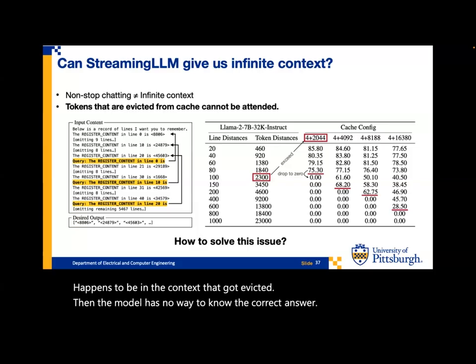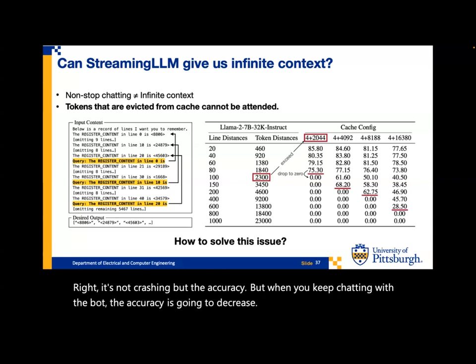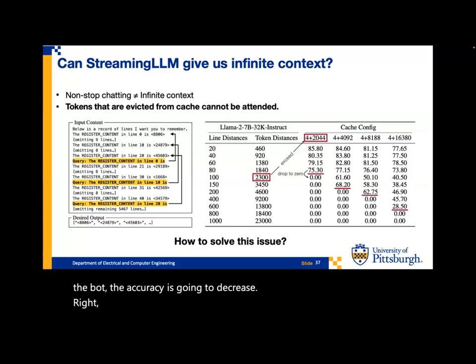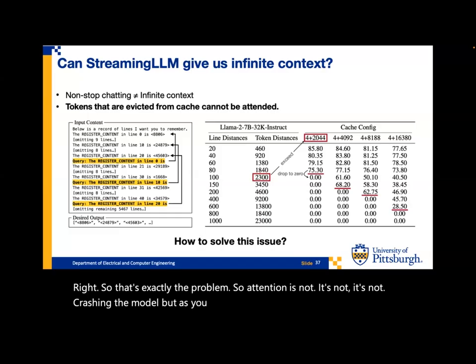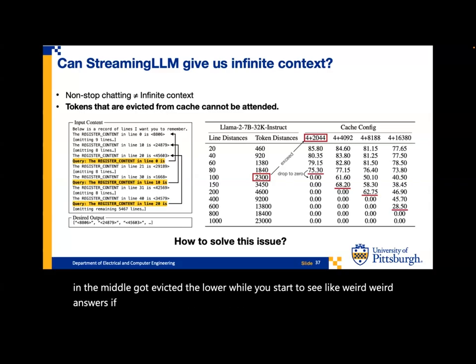It's not crashing, but the accuracy is going to decrease as you keep chatting. More and more information in the middle gets evicted, and you start to see weird answers if you ask questions about the previous history.